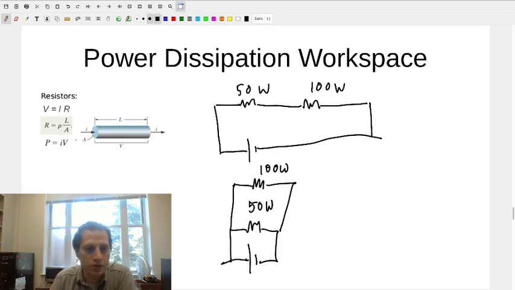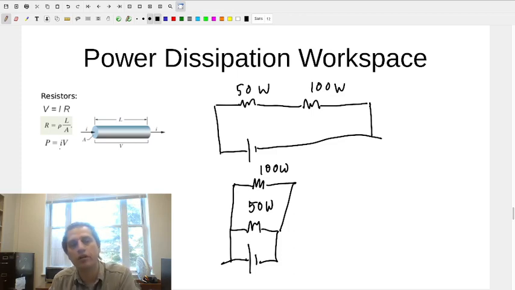So if I use a standard voltage, would a larger number of watts go with a larger or a smaller current? Well, if you use a standard voltage, the bigger power is going to go with the bigger current.